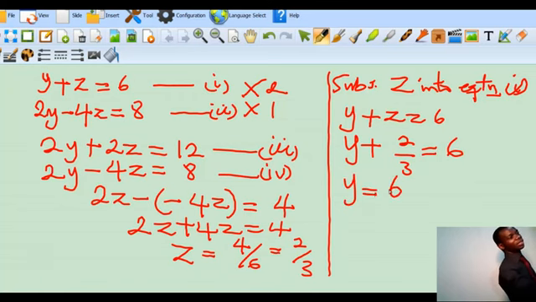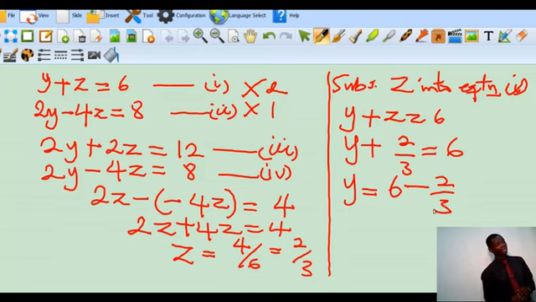It means that your y is equal to 6 minus 2 over 3, and from that you can obtain your final value for y and z.